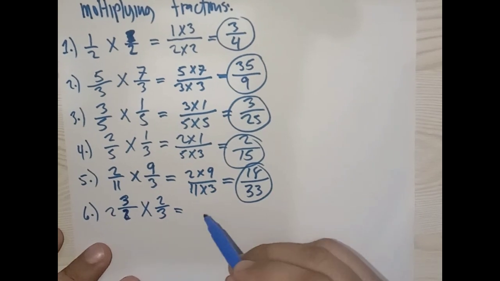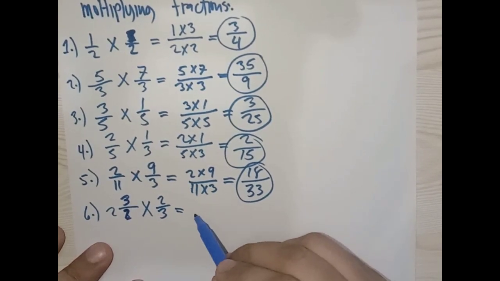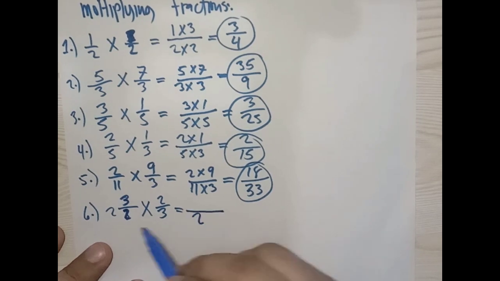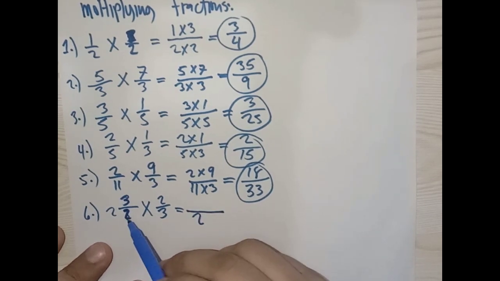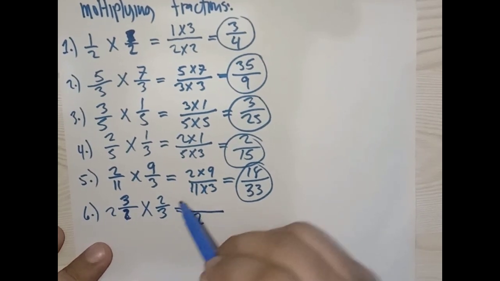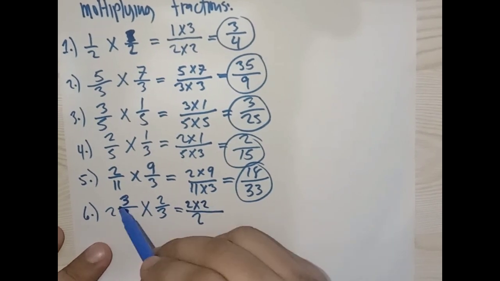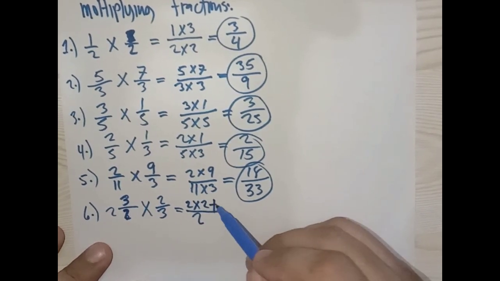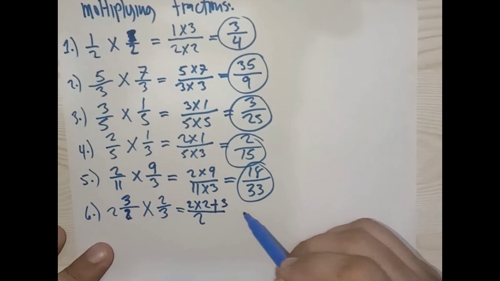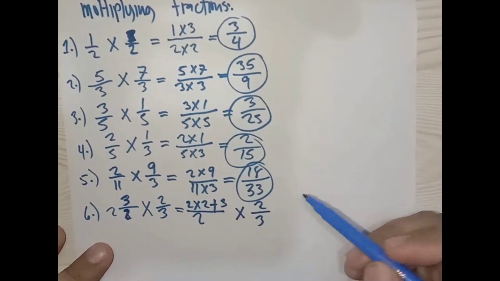Okay, so it goes like this. Copy the denominator, and then multiply 2 times 2, and then plus 3. Copy this 2 over 3. Okay?